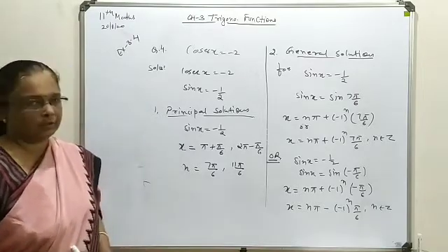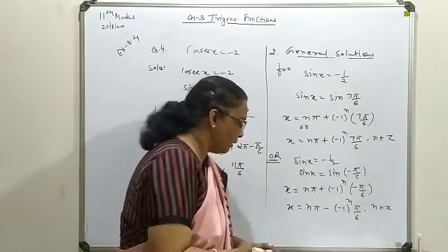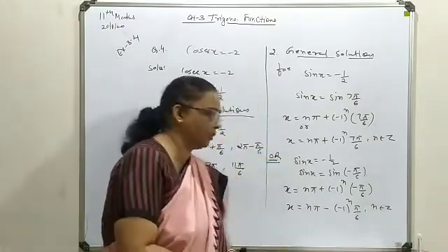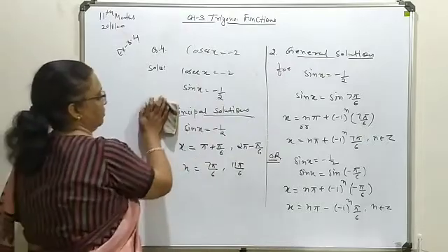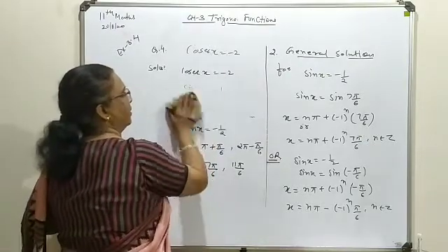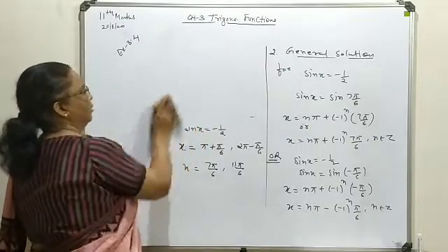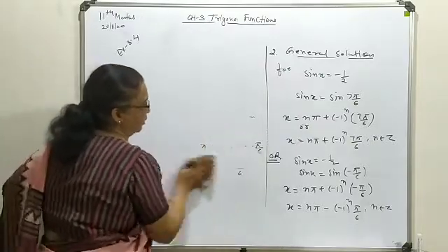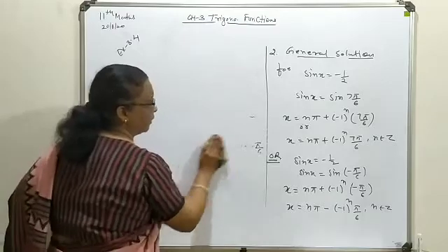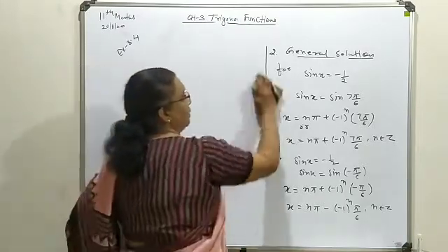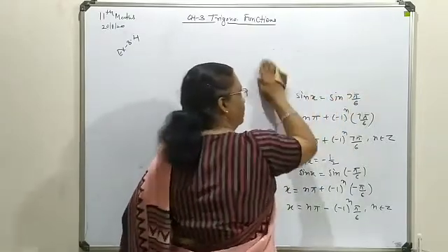So let's start with that type of combination in which general solutions are being asked for a given trigonometrical equation form, means separate terms are not available. In a mixed form your terms are given. So first of all you have to make a separation of the term for which general solution you have to write.